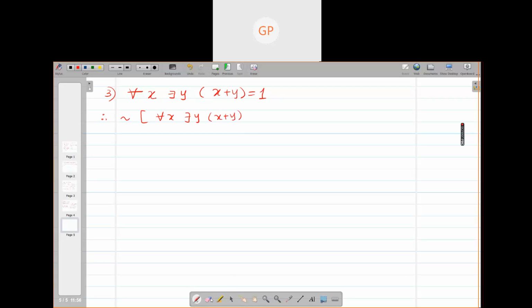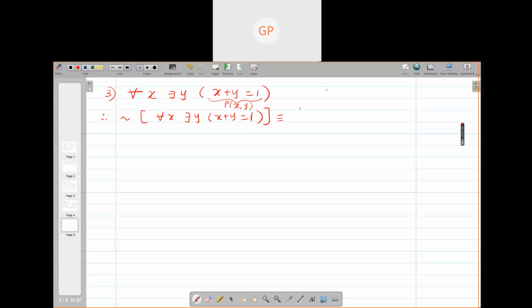Just a minute. This whole thing is your statement, okay? This is your pxy, sorry, this is not px, this is pxy, with two variables.